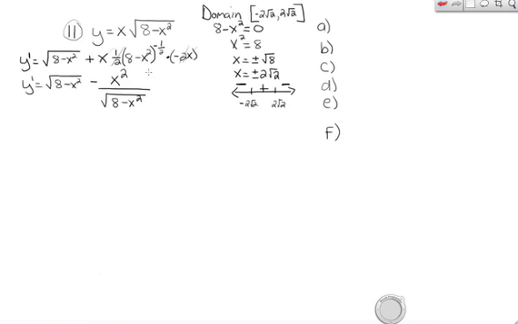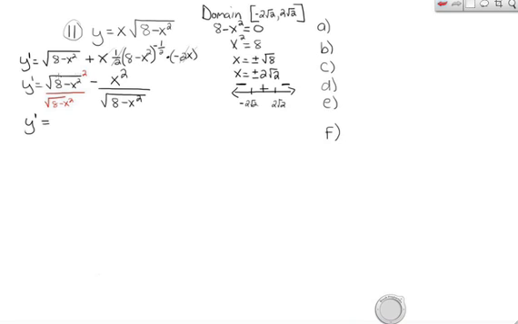I want to simplify it. I like my derivatives to be single fractions. So I need a common denominator, which means this fraction needs me to multiply by the square root of 8 minus x squared on the top and on the bottom, which really would just mean I need another one up here, which would end up squaring that. So for shorthand, I'll just do that.